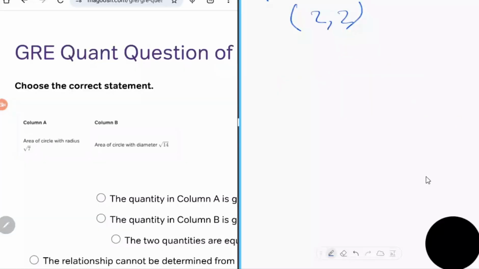It says compare the area of a circle with radius root 7 and the area of a circle with diameter root 14. The area of a circle depends on the radius, so we ask ourselves: root 7, and what is the radius when the diameter is root 14? Here r equals root 14 over 2.